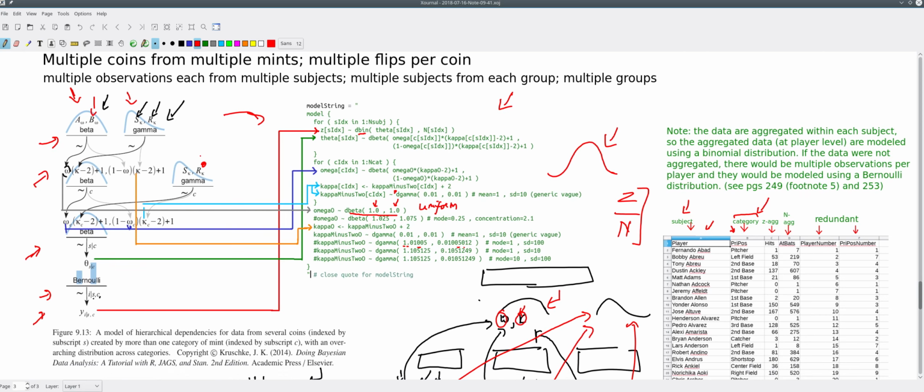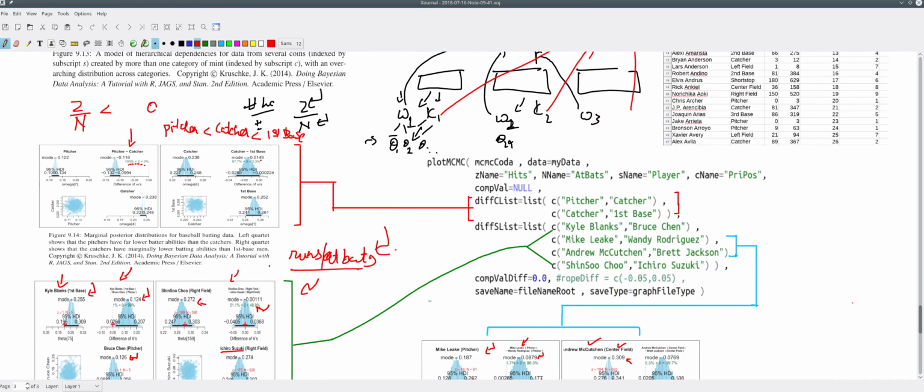And the third thing is we can perform the estimations of the posterior not just for the aggregate model parameters, but also we can make pairwise comparisons, which makes sense for us. One of the pairwise comparisons we made was between a pitcher and catcher, and the other one was between a catcher and a first baseman, to see whether they differ in their batting efficiency, let's call it that.